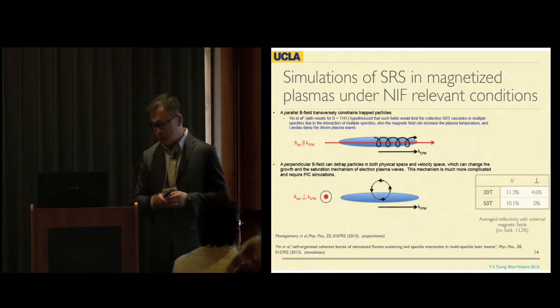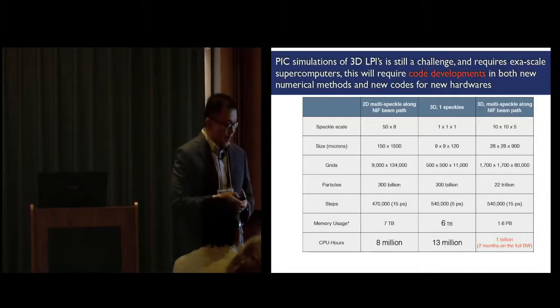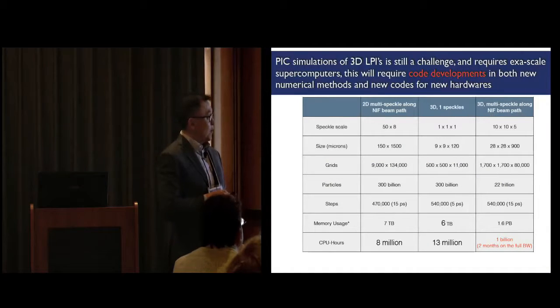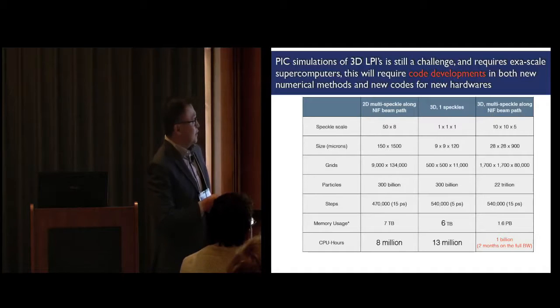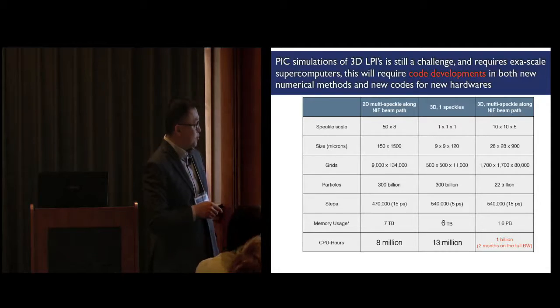Right now, what we're doing on Blue Waters is 2D simulations using multiple speckles, or 3D simulations with one speckle. These simulations are roughly the same in size and also in time. Each of these simulations uses about 300 billion particles and takes about 10 million CPU hours each.